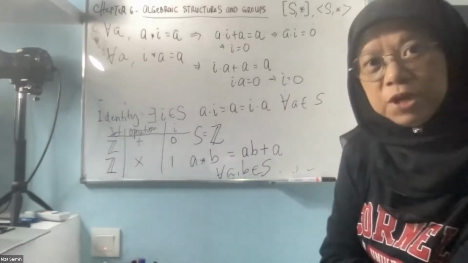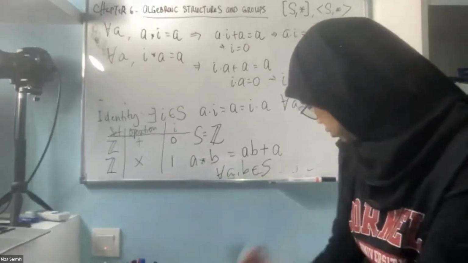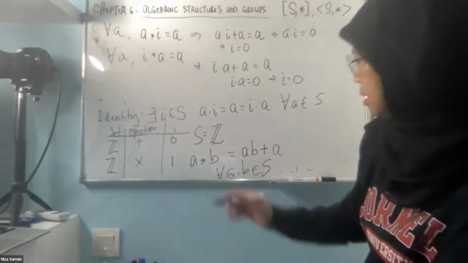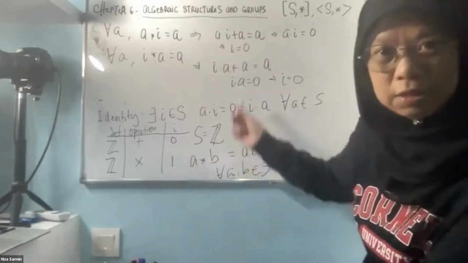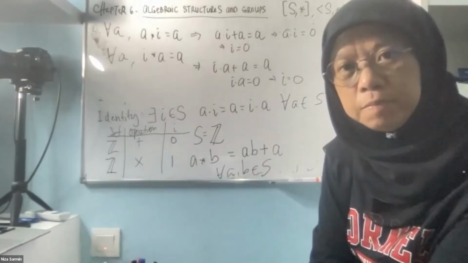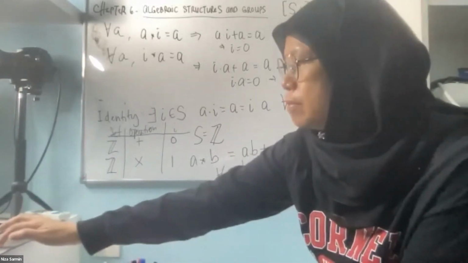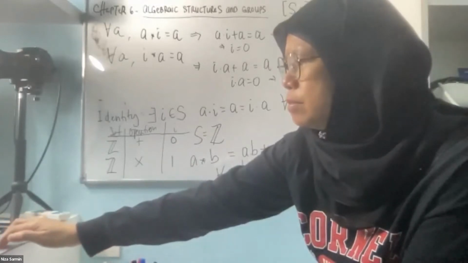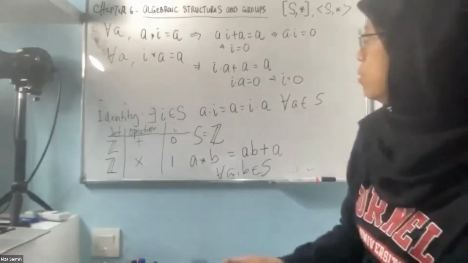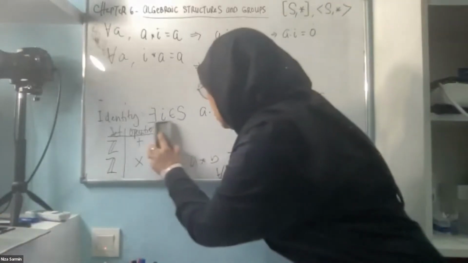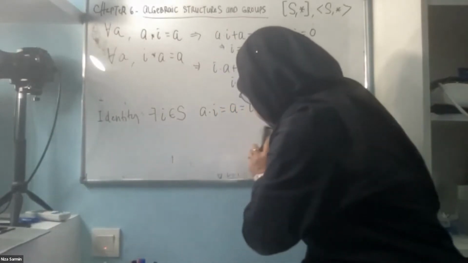Although the operation is different in this case, I is still 0, but you have to show this by definition. Okay, I gave some examples. Another thing I want to add here, a definition, is about the inverse.